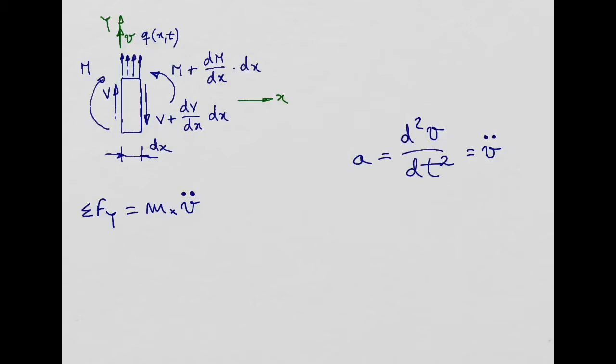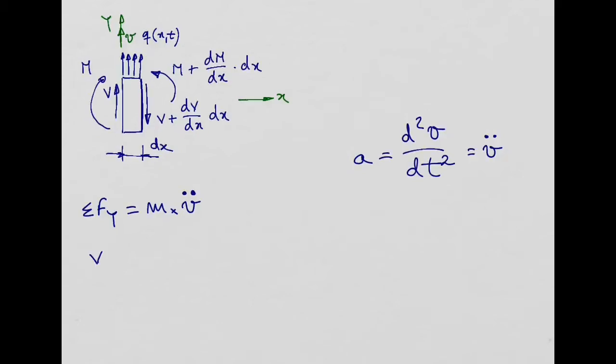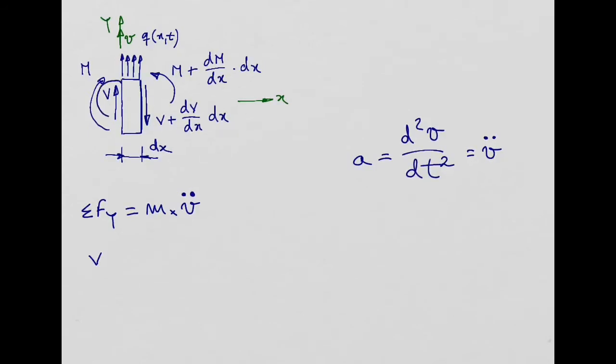And we need now to take into account all the forces we have in the vertical direction. So in the vertical direction, we have V, which is this force here, minus all of this force on the cross-section on the right-hand side, so minus V plus dV over dx times dx.